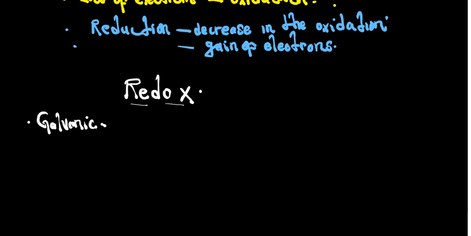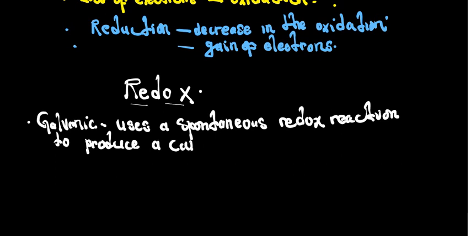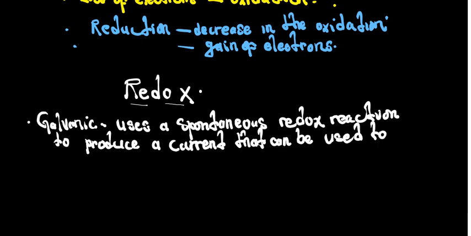It uses a spontaneous redox reaction to produce a current that can be used to do work.